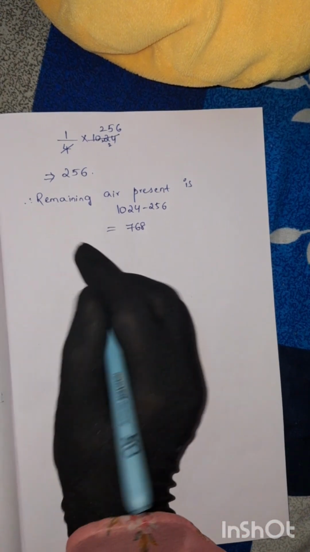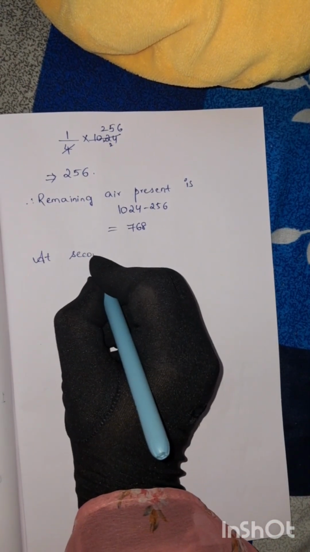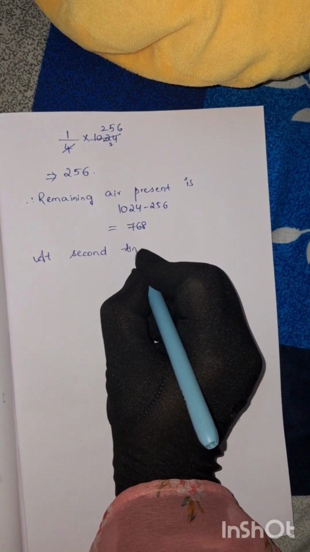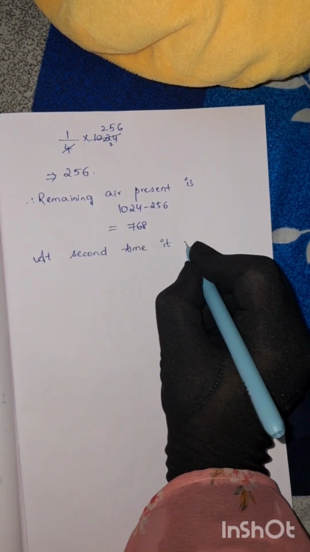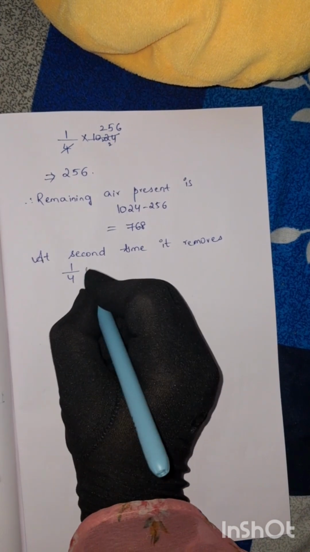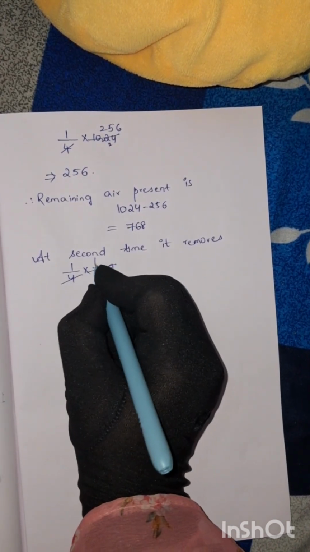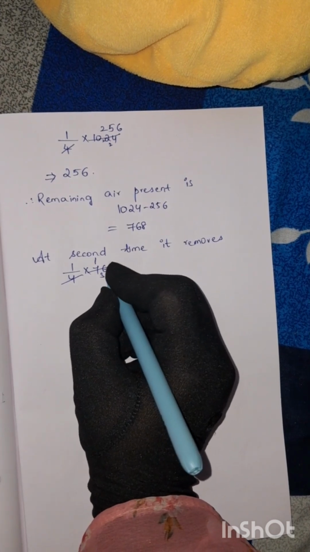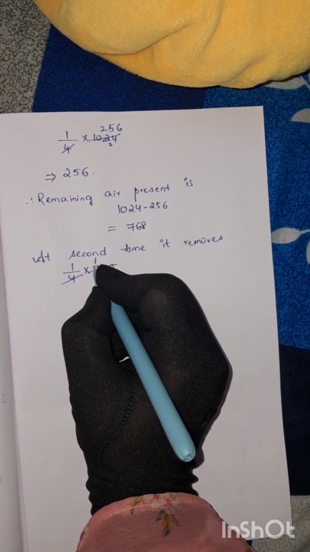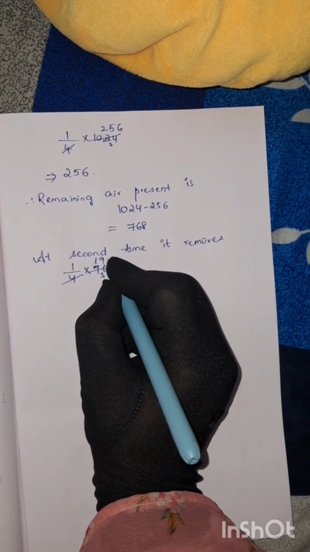Now at the second time it removes again. How much is it removing? 1/4, so 1/4 of 768. 4 sevens are 28, 4 sixes are 24, 4 eights are 32.